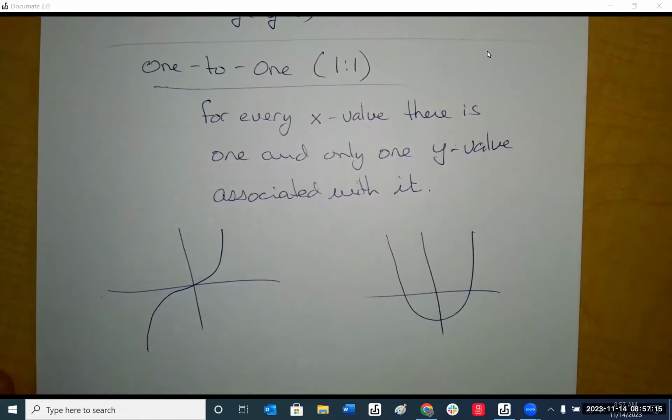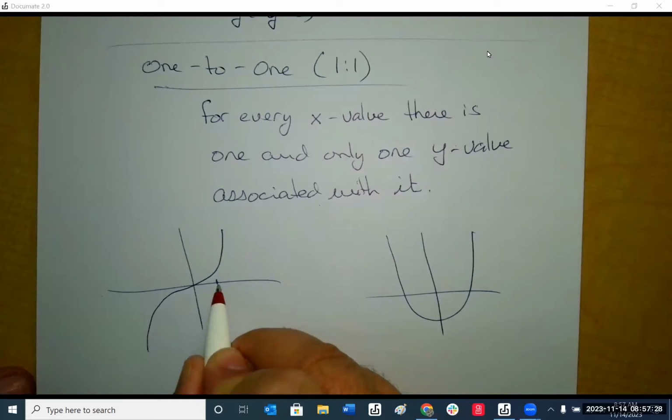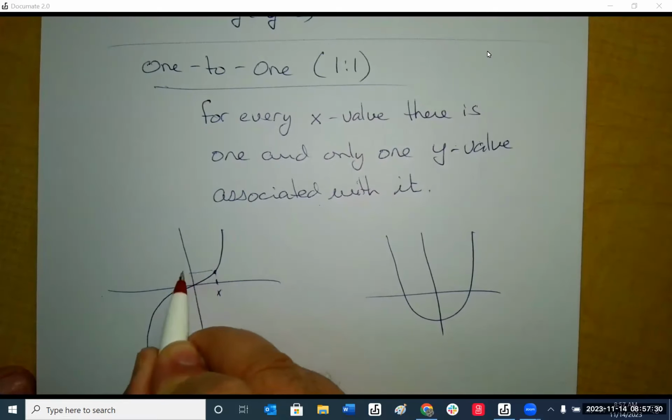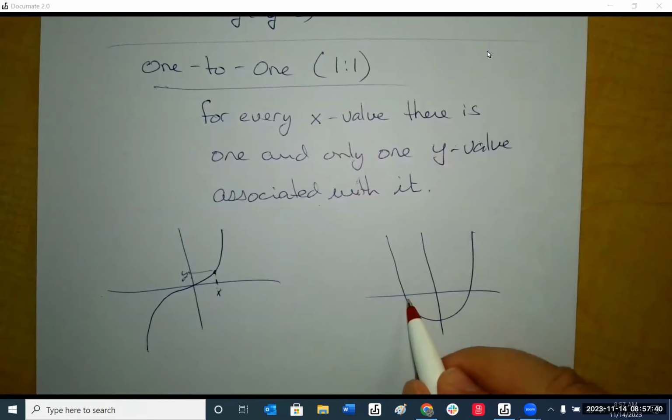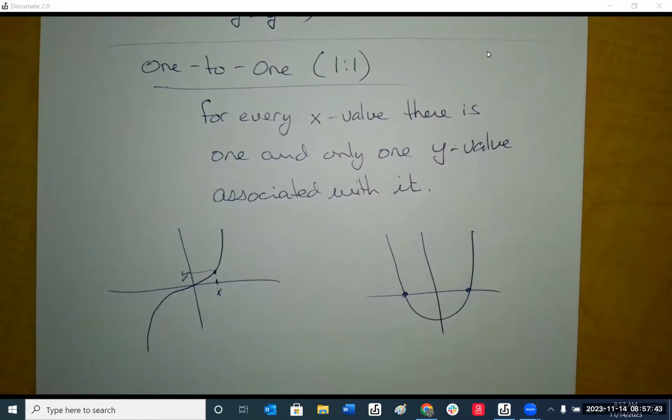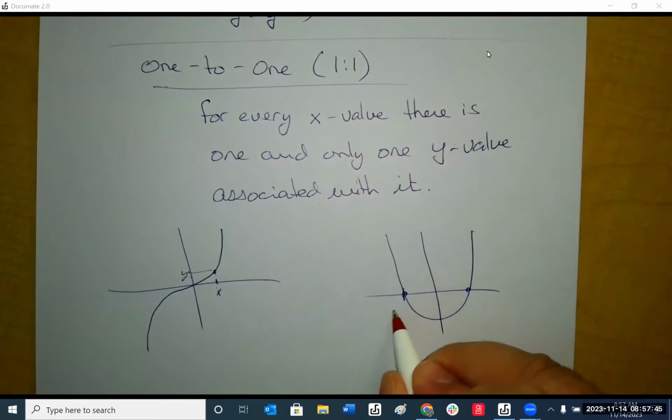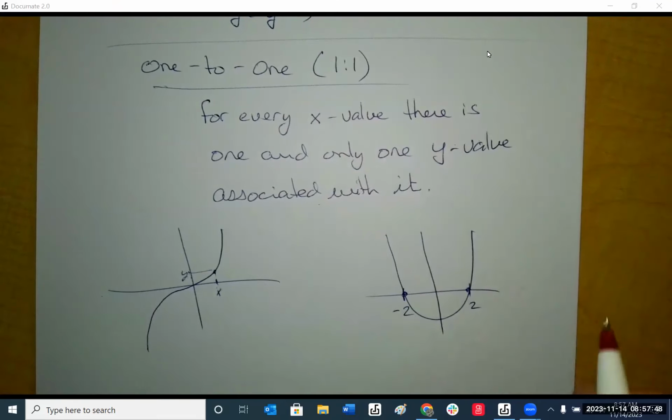Here's what it means. For every x value, there is one and only one y value associated to it. So any x value I pick, that y value only belongs to that x value. Does that work here? Let's say this is -2 and this is +2. They both equal 0.